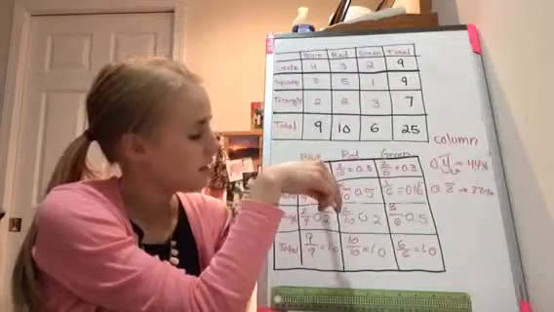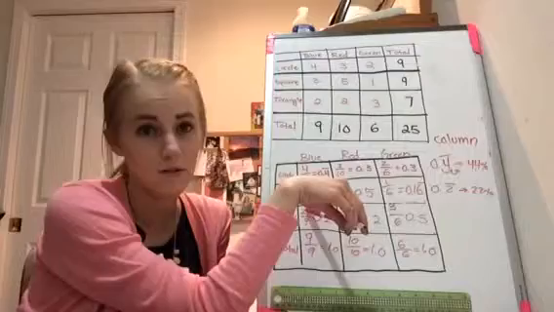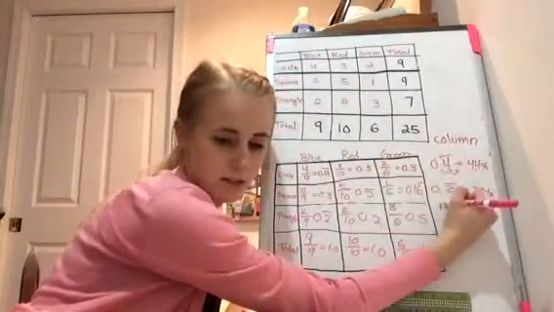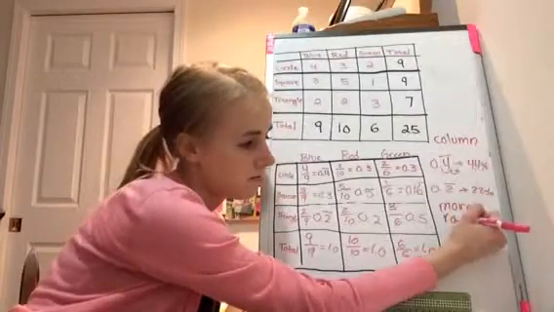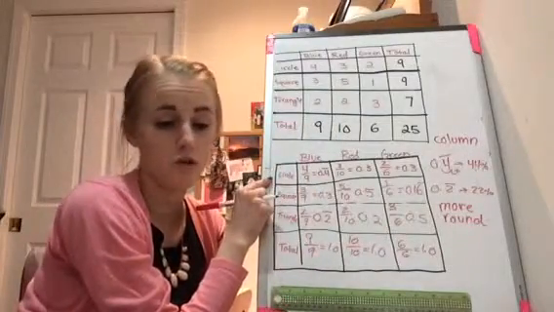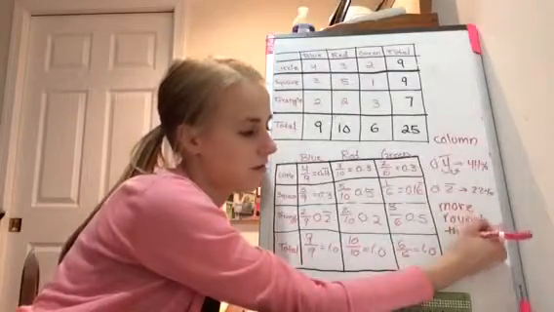Well, if you're looking at this here, only 2 out of the 9 selected the triangle, even though they selected blue. So more students who liked blue preferred a round, meaning the circle decal, than the triangle.